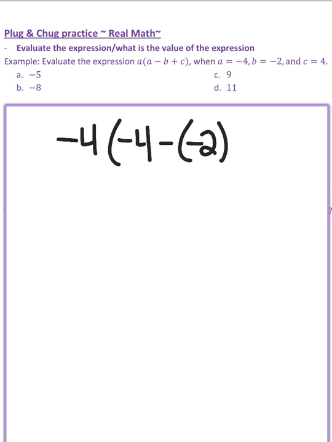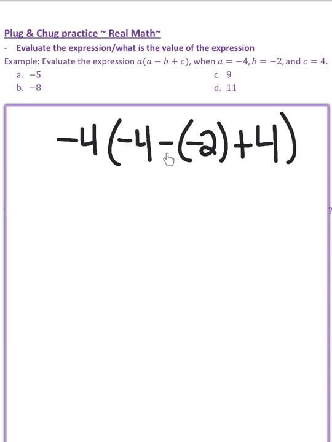We're going to plug in a -2 for B and a 4 for C. So looking at my problem, it's going to be -4 parentheses, -4 minus -2 parentheses, plus 4 parentheses closed. Be very mindful in this spot right here that you have both of the negatives.